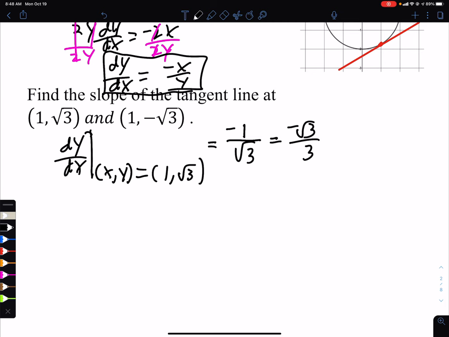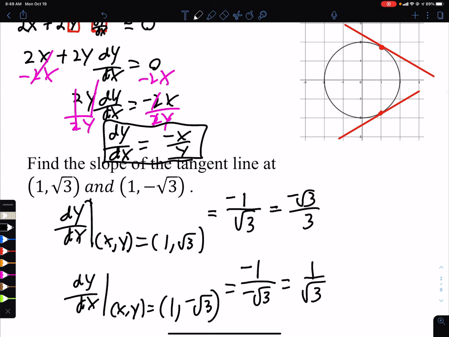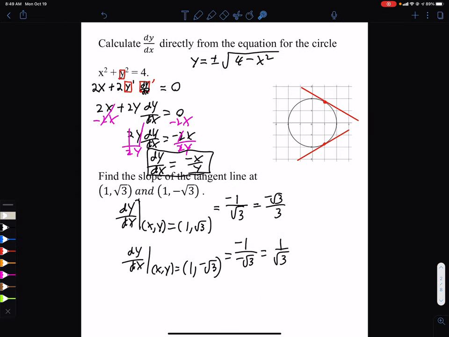So then we say, hey, what's the derivative at the point where (x, y) equals (1, negative radical 3)? Well, we just do the same thing. Plug in 1 for the x up top. Plug in negative radical 3 for the y on the bottom, and it comes out to be a positive 1 over radical 3. And that should make you happy because that's a positive slope. Positive answer, positive slope. Everything matches up. So that's our first example of taking derivatives implicitly.